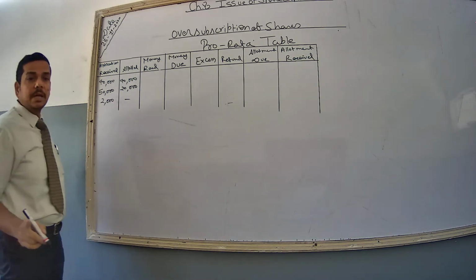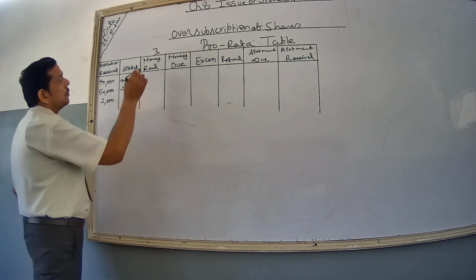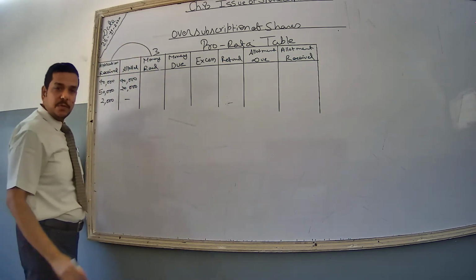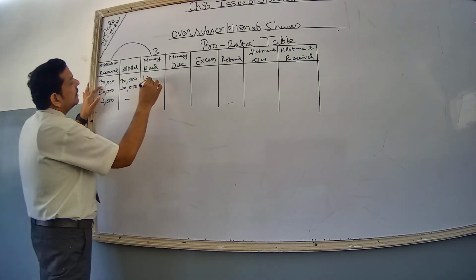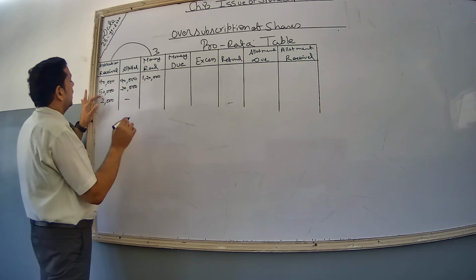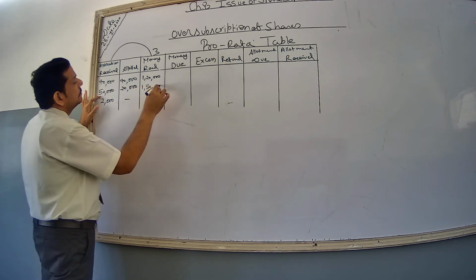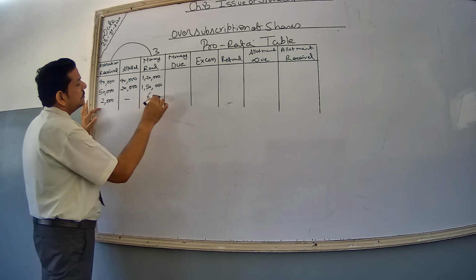Now how much are we calling on application? We are calling ₹3 on application. So money received, third column, is multiplied with the first column. So 3 rupees into 40,000 is 1,20,000. 3 rupees into 50,000 is 1,50,000. 3 rupees into 2,000 is 6,000.